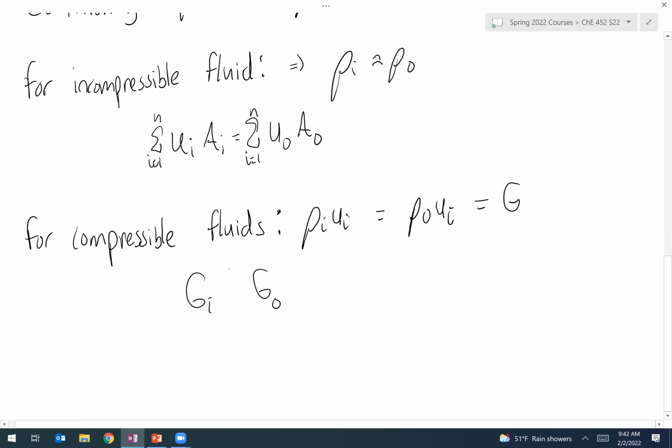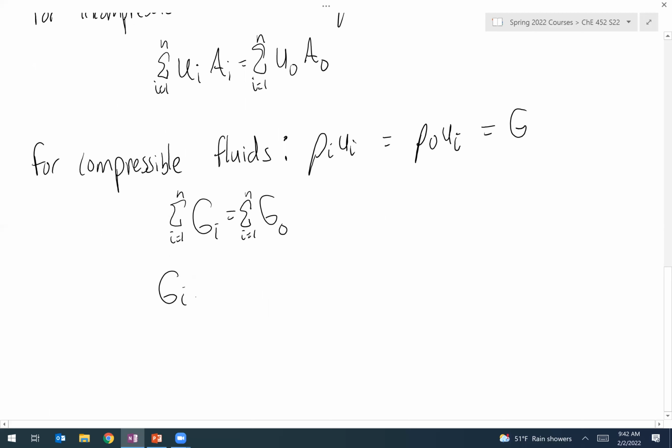And we can apply this for all inputs and all outputs, which becomes really helpful when we're wanting to account for flows within natural gas, steam, air, those types of lines within a process facility. And so we can say that mass flux times our areas are equivalent.